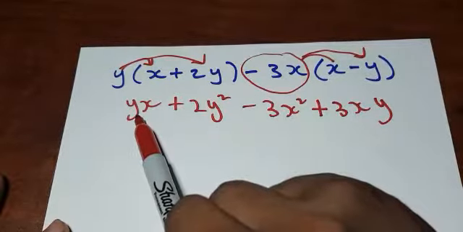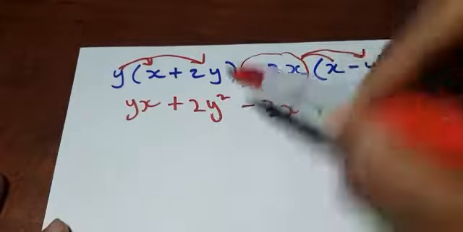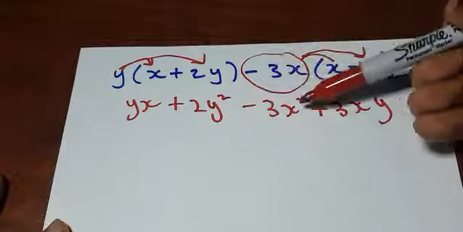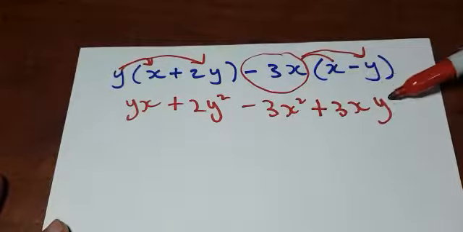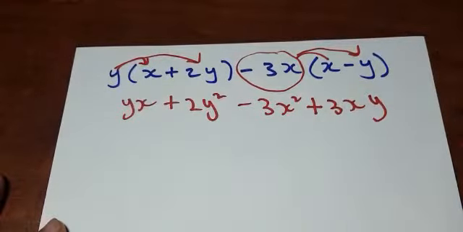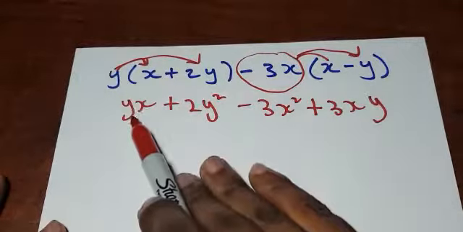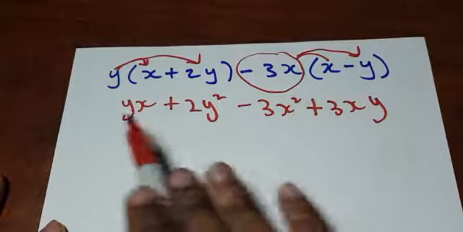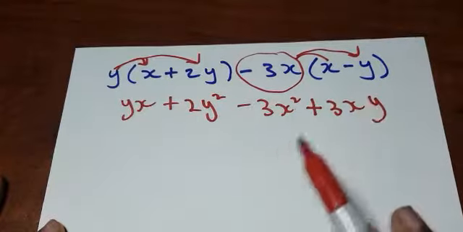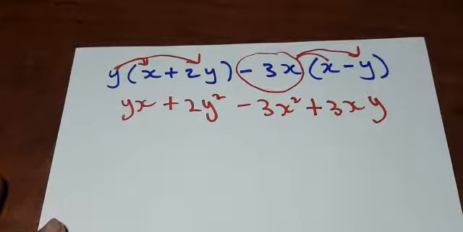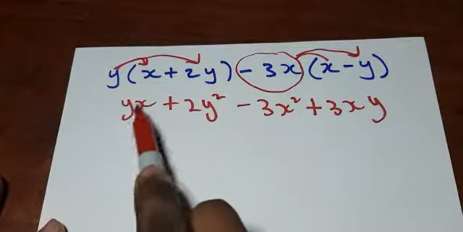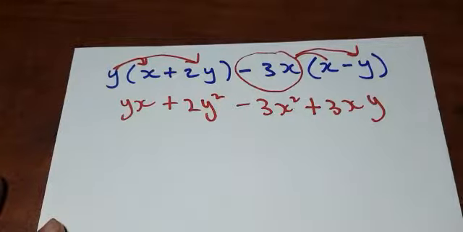We have a yx, we have x squared, we have y squared, we have an x squared, and we have xy. All right. So on the surface, the only things that look close enough are these two, yx and xy. Now remember that multiplication is commutative, meaning that the order of the terms when you're multiplying makes no difference.